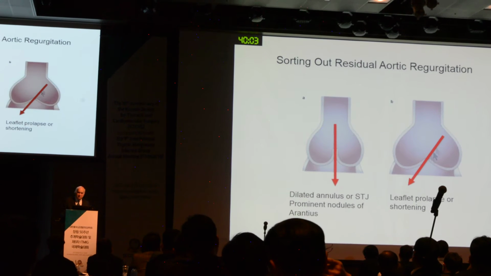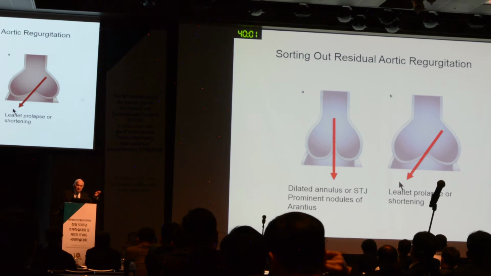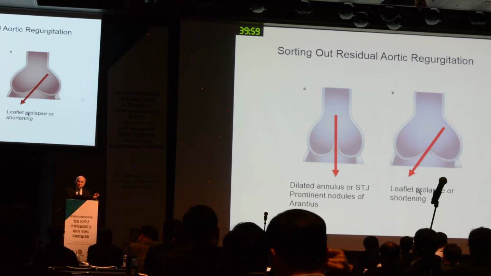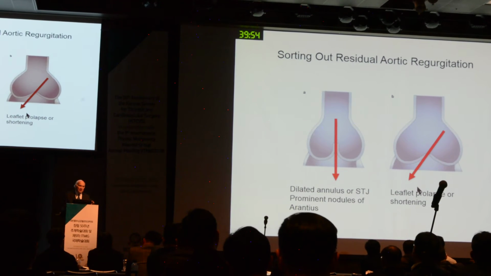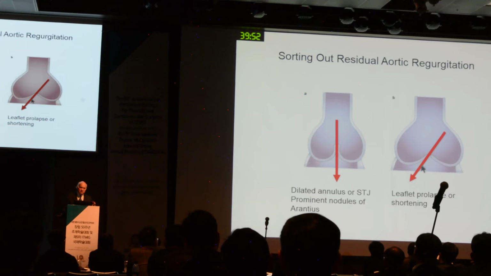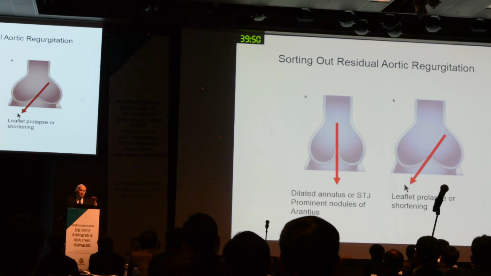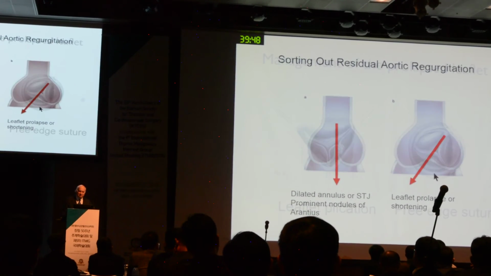But if you see the regurgitation jet is eccentric, going either way, just as with mitral valve surgery, this suggests there is leaflet prolapse. And the regurgitation jet usually points away from the prolapsing leaflet.